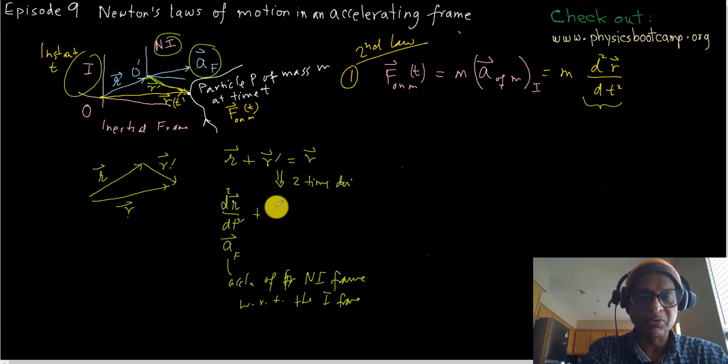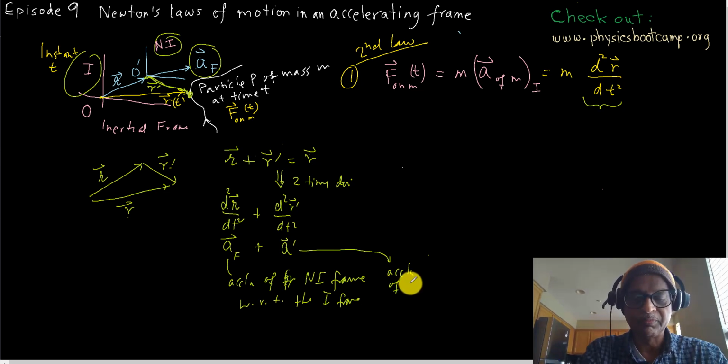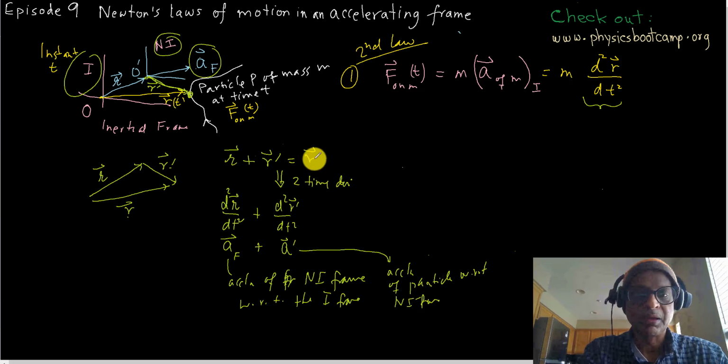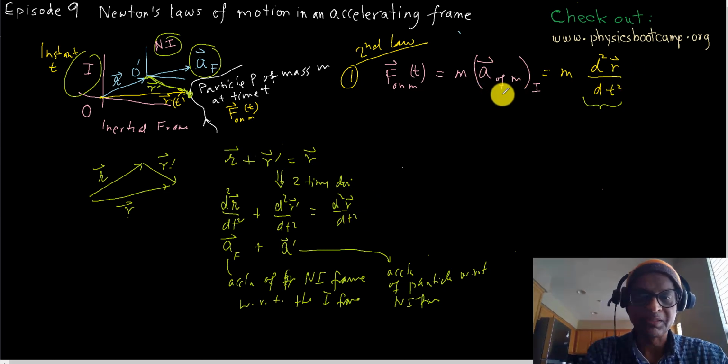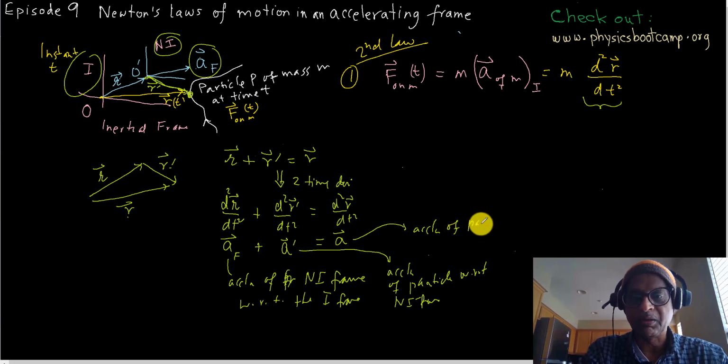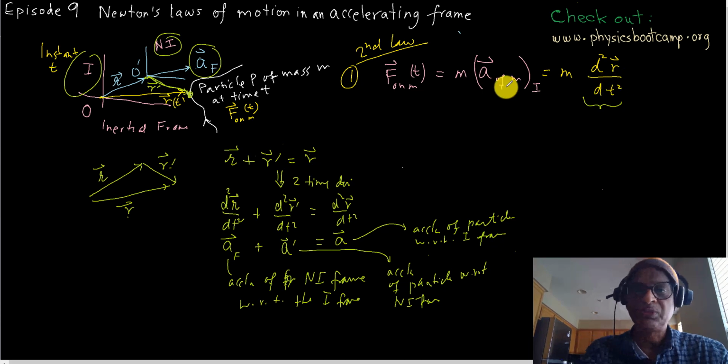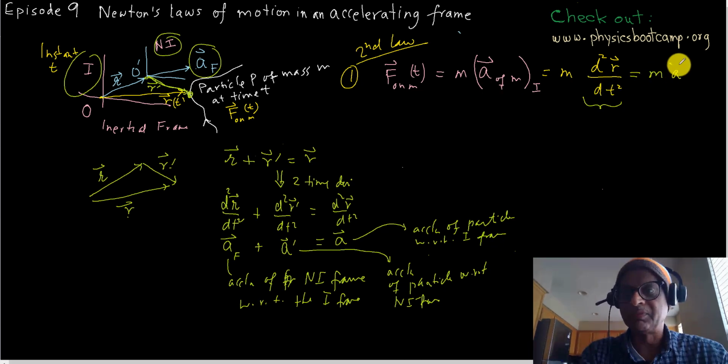Then d²R'/dt² is the acceleration of the particle with respect to the inertial frame. Let's call it A prime, the acceleration of the particle with respect to the non-inertial frame. And then the time derivatives of R give the acceleration of the same particle with respect to the inertial frame, so just call it A.